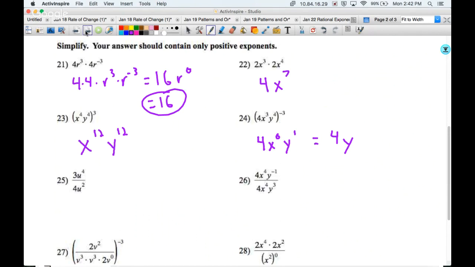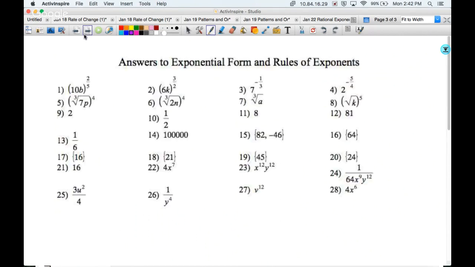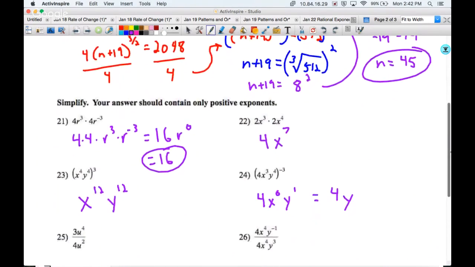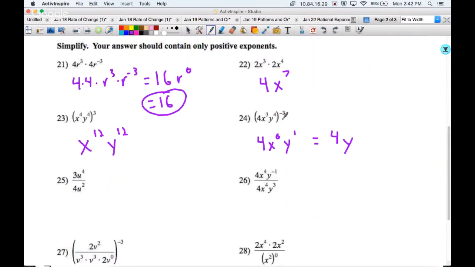Let me double check that, 24. Oh, yeah, no, I made a mistake here. We've got an exponent raised to an exponent, so I don't add those, I multiply them.